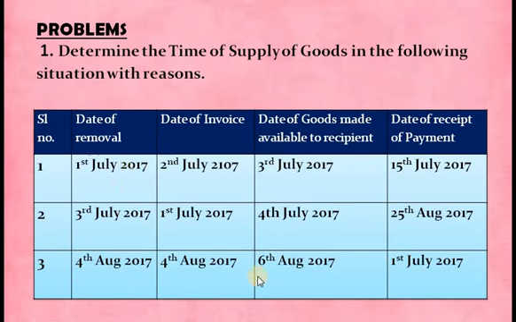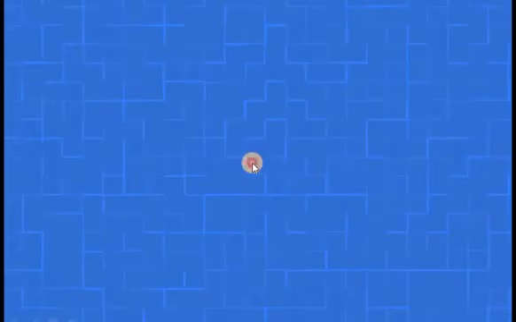In this way you need to analyze and find out the time of supply. Please be very clear, whatever information is given, date of removal or invoice, whichever comes earlier, but you have to even check the payment, how much the payment is. Sometimes, as I told you in the last class, if the payment exceeds ₹1000, then the provision will be different. So let us see the solution for this particular problem.